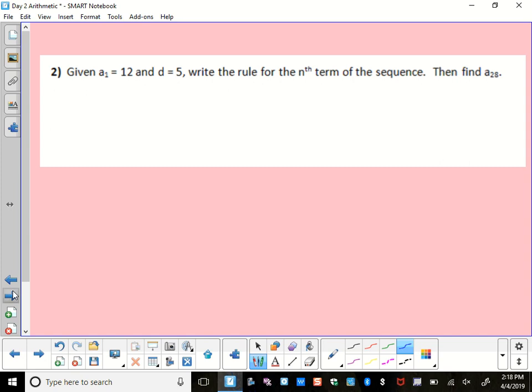Given that my first term is 12 and my difference is 5, write the rule, step 1, for the sequence, and then find your 28th term. Alright, so my first part is to write a rule.